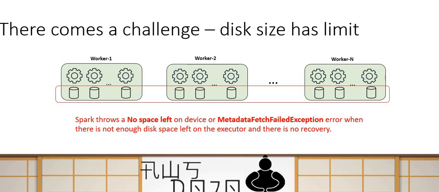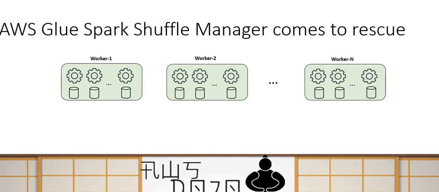When you come across a scenario where you're trying to run a transformation, but it is not able to run because the data is very large and the spill or shuffle data being created doesn't have enough disk space, you get an error like no space left. So how do we solve this problem? In order to solve this problem, we can use a feature called AWS Glue Spark Shuffle Manager.